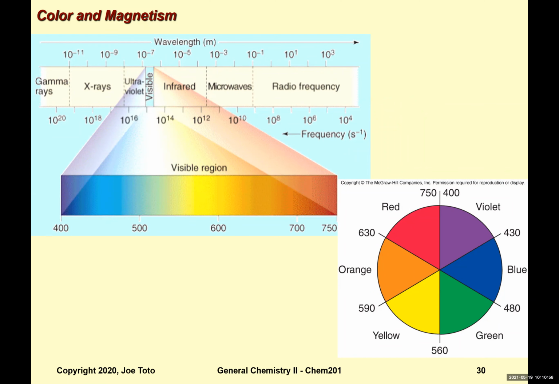So here we have the electromagnetic spectrum from high energy to low energy, high energy blue at this end to low energy red at the other end, and all the other frequencies in between. We have ultraviolet to the high end of our visible and infrared to the low.